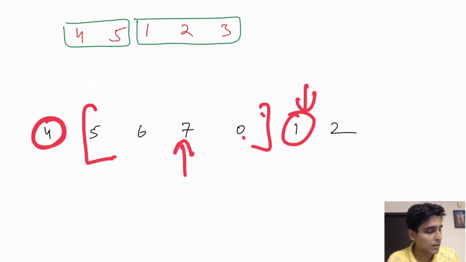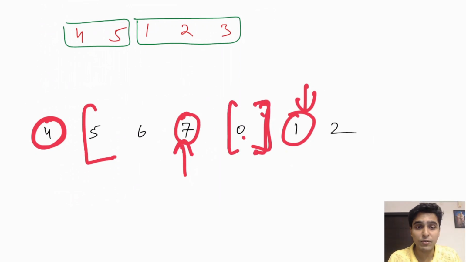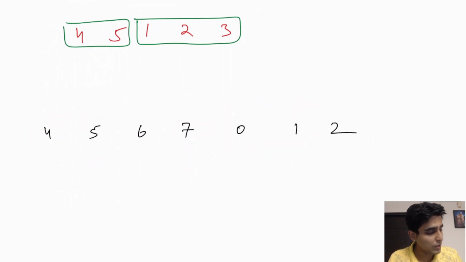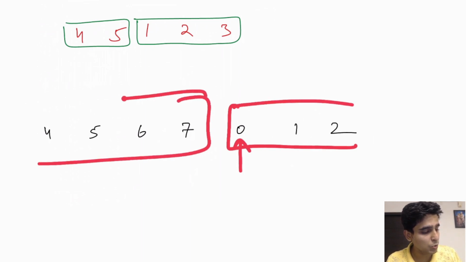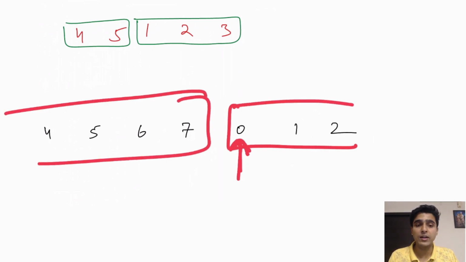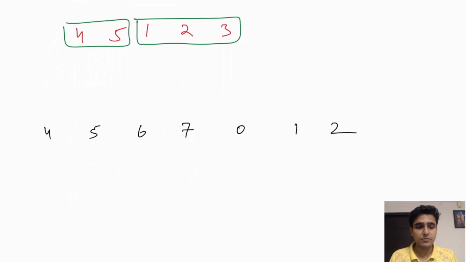Again we take a mid here, this is greater than 4, so the pivot should lie here, and like this we can find this 0 and divide the array into two parts. We will call it the pivot index. So like this we can solve this problem.